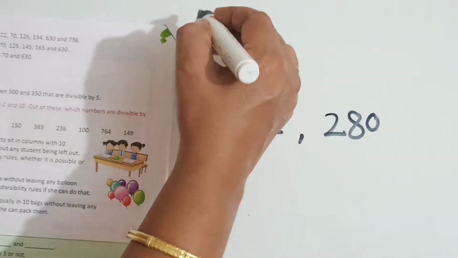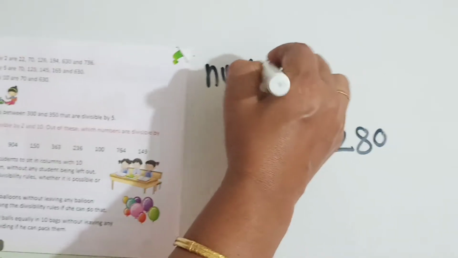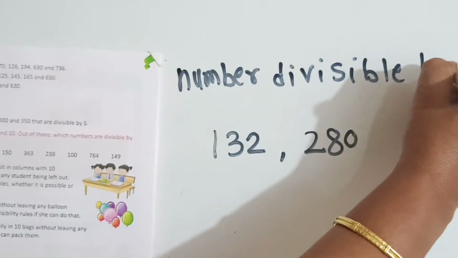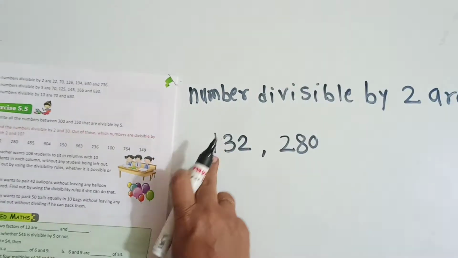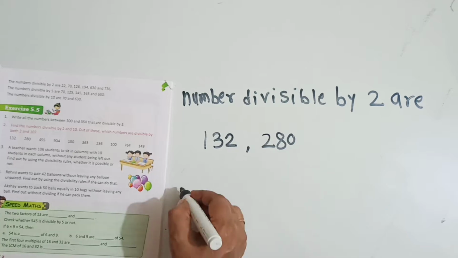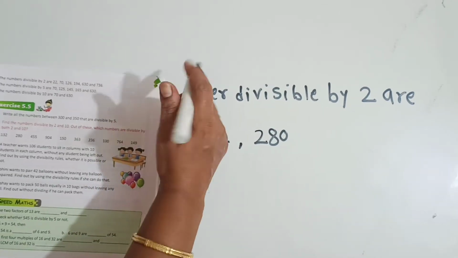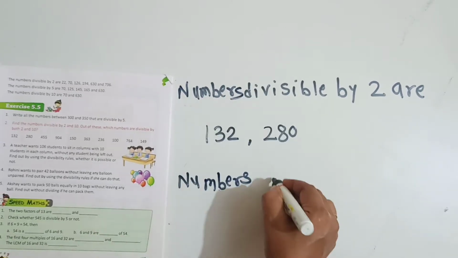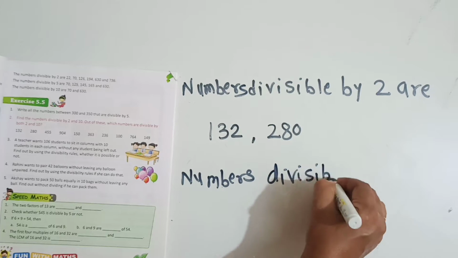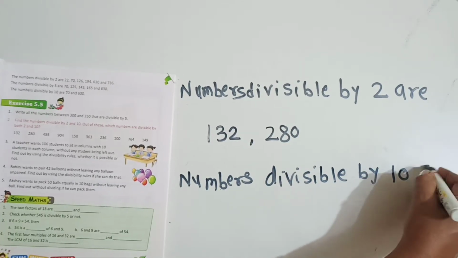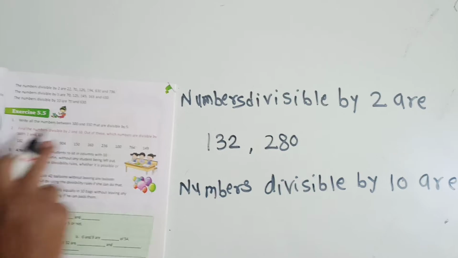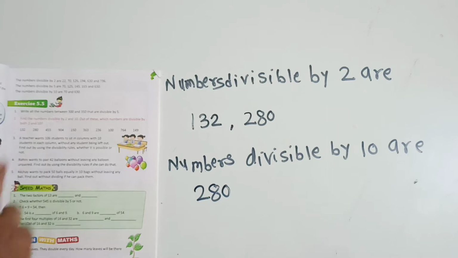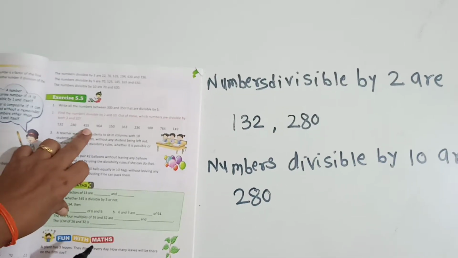First we will write numbers divisible by 2: 132, 280, and also numbers divisible by 10. See, this 280 is also divisible by 10. Now next number is 455.